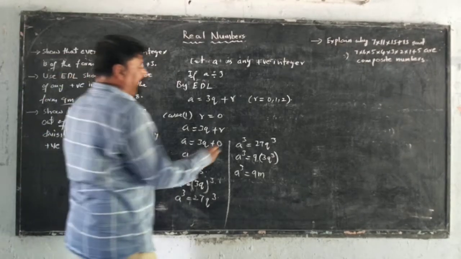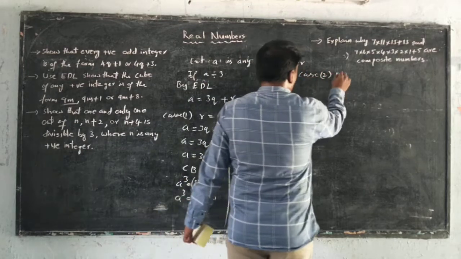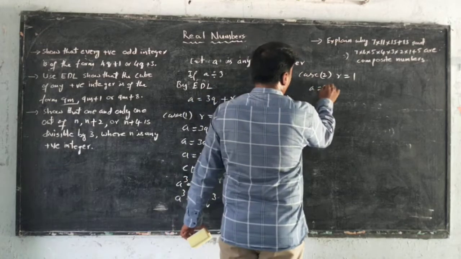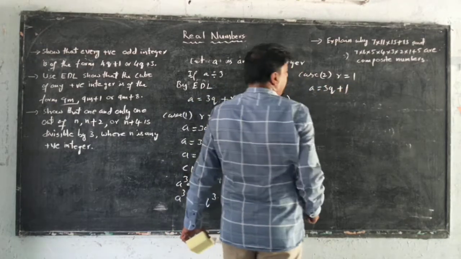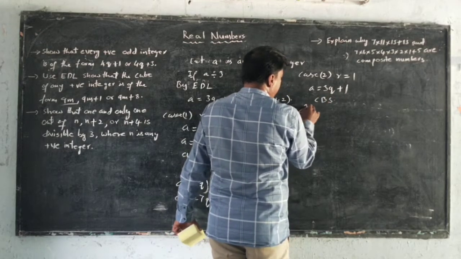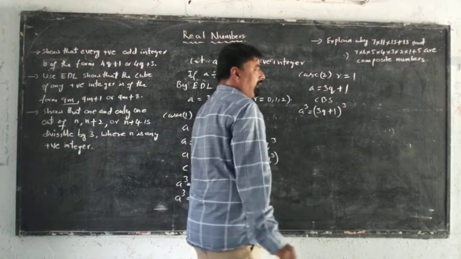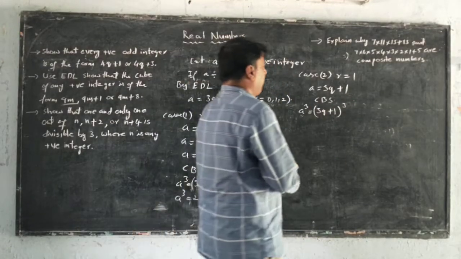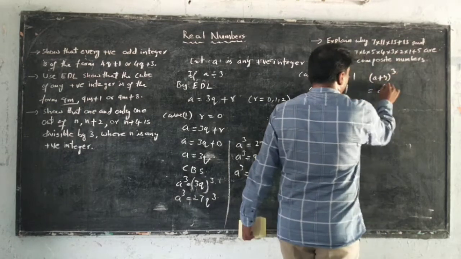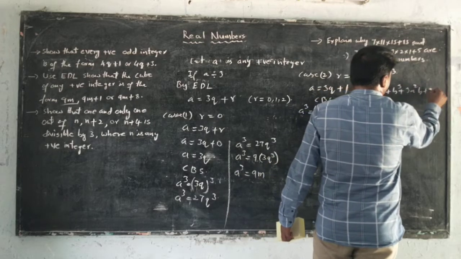So if we go for case number 2, where r is equal to 1, therefore a is equal to 3q plus 1, and cubing on both sides, a cube is equal to 3q plus 1 whole cube. I think all of you know very well the formula for a plus b whole cube: a cube plus b cube plus 3a square b plus 3ab square.